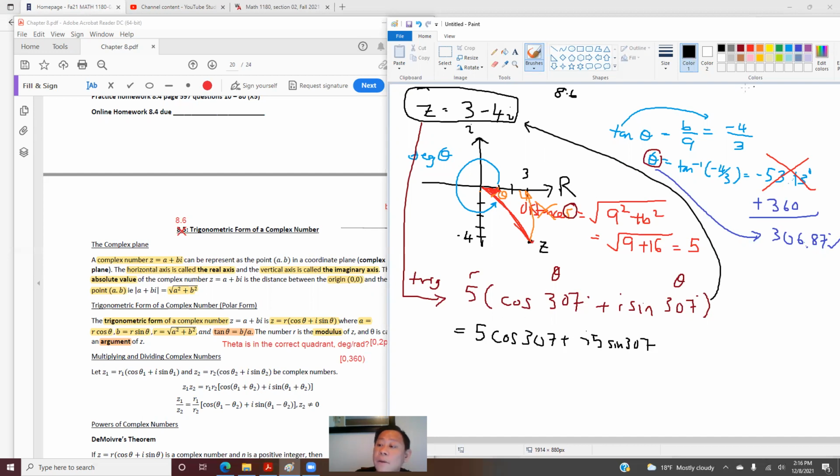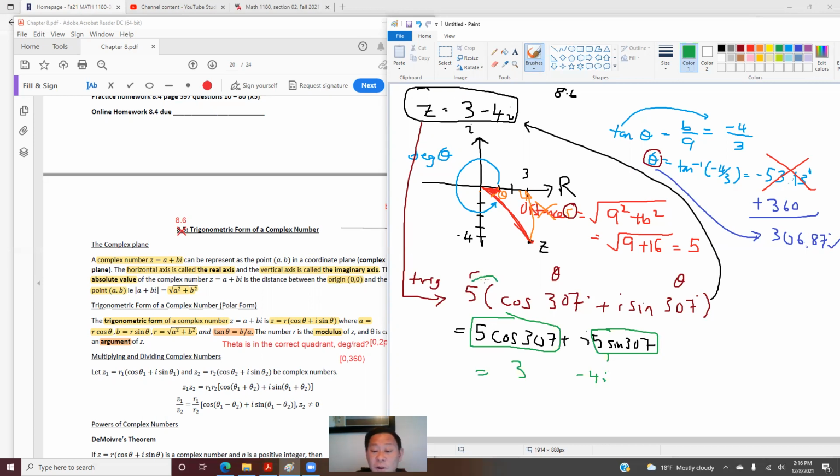The 5 cosine 307 will give you an answer very close to 3, and the 5 sine 307 will give negative 4, very close. So you get around 3 minus 4i.